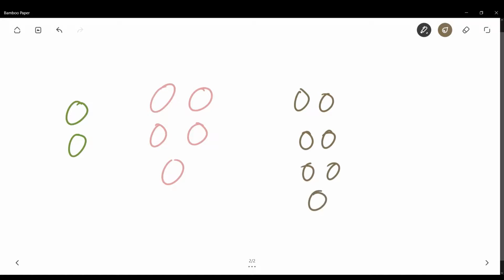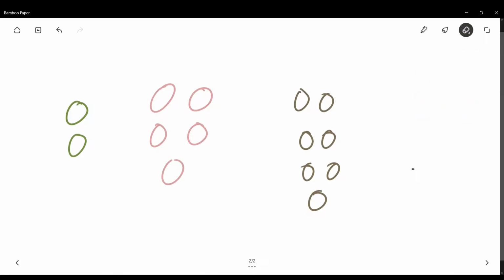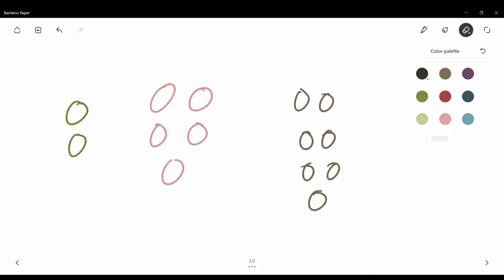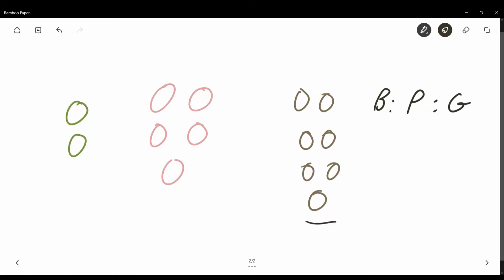If we were wanting to write the ratio of brown to pink to green, remember, these were the brown ones. So there's 7 brown, the pink is 5, and the green is just 2 of them. Okay, that's just what ratio means.